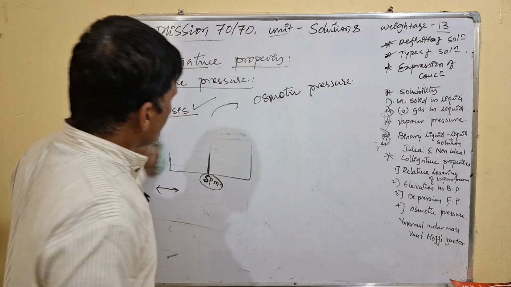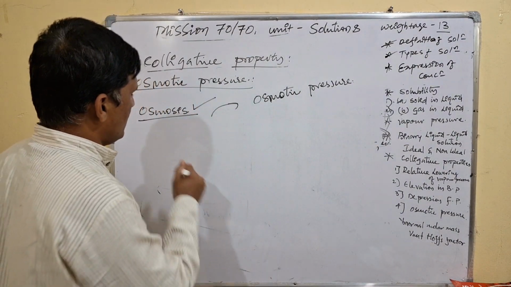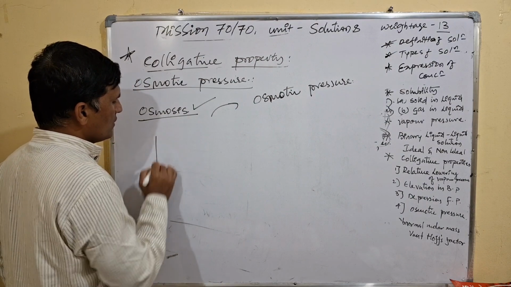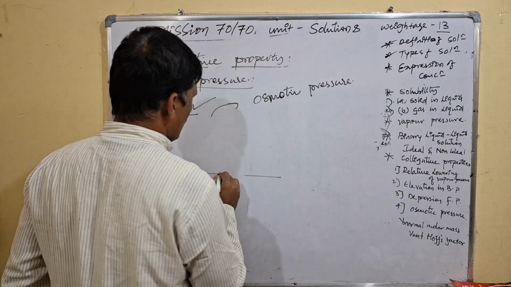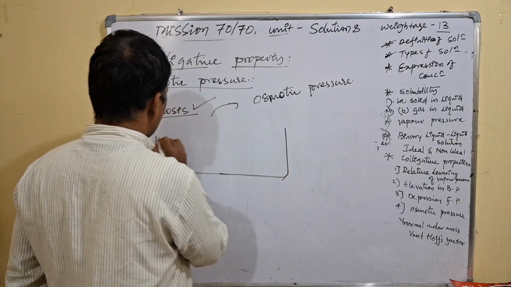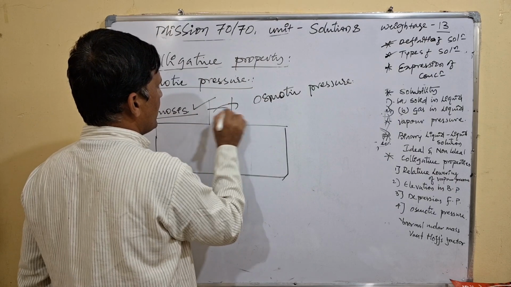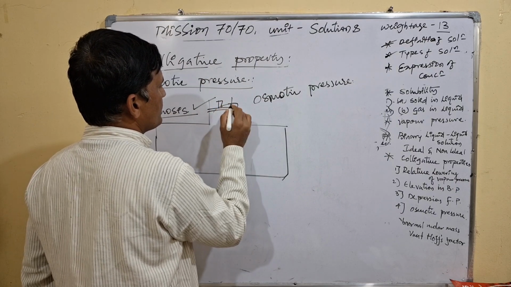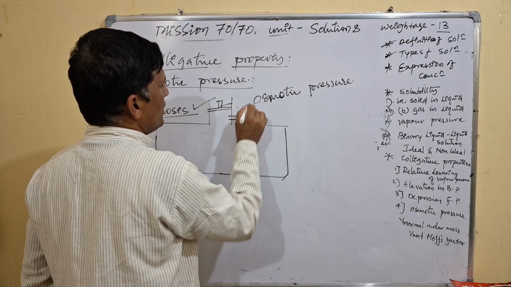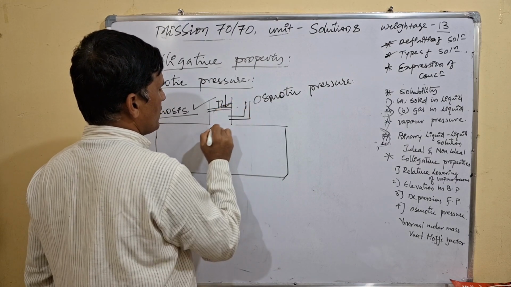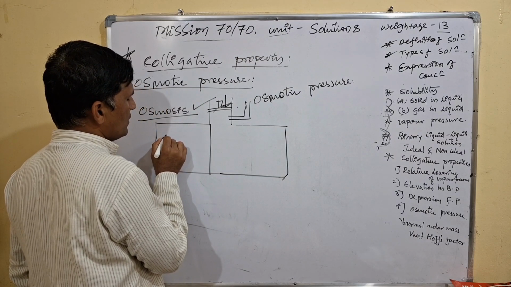So how are we going to determine this? Its determination is once again important from the exam point of view. You take your liquid and separate both sides with a certain chamber, and you will have it like this, with a piston. So how much pressure it can withstand, applying the pressure that just stops the osmosis, we call it what?